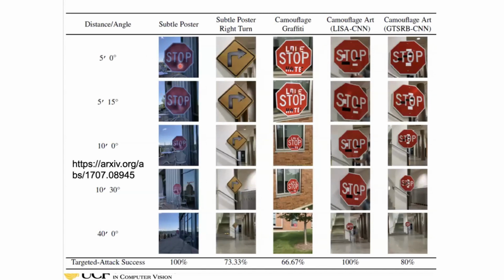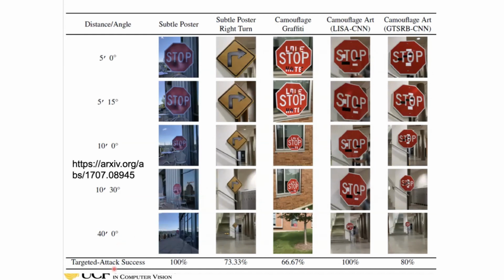When you print this out, maybe put it on the window, and you use a cell phone or maybe a camera to take an image of this poster with a stop sign, and you feed this image to the machine learning image classifier, right? And these images will make the machine learning model fail, right?